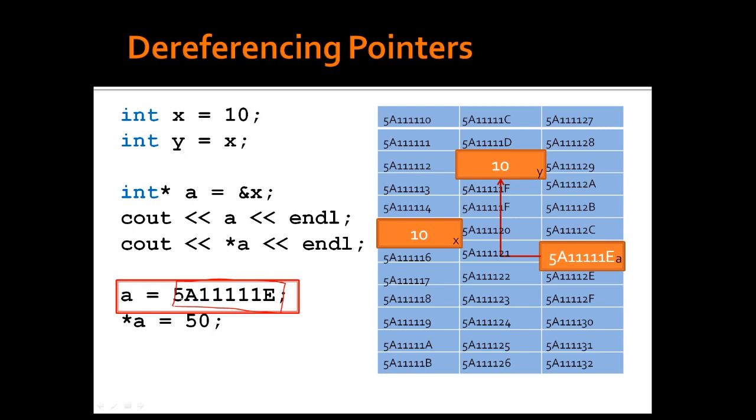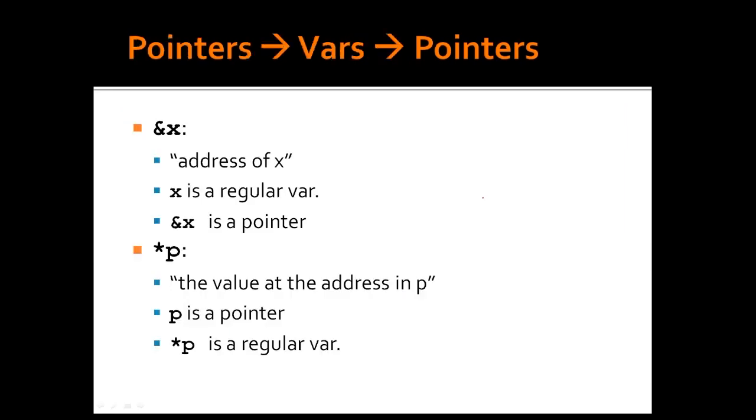So in this case, I'm saying go ahead and point it to 5A1111E, and that just represents another location. And so when I say star a equals 50, because we're saying that this is the location of where y is, and we just kind of made up that number, that is now going to change to be 50.